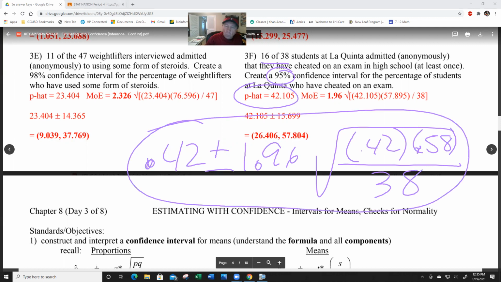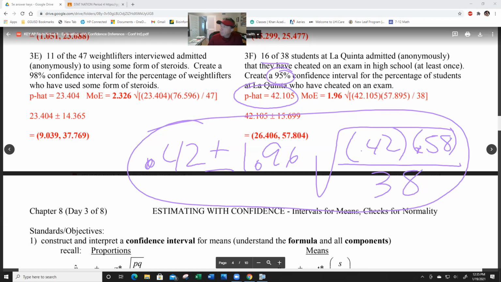You know the answer is about, you can see it right here, 26% and 58%. A huge margin of error. So based on the survey that I did, I think I can conclude that between 26 and 58% of students cheat. That's a big gap. Okay, could be 1/4 or it could be over half. I just don't have enough data to really get that prediction any lower.